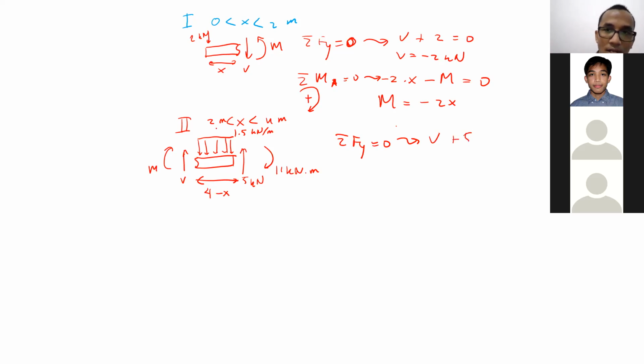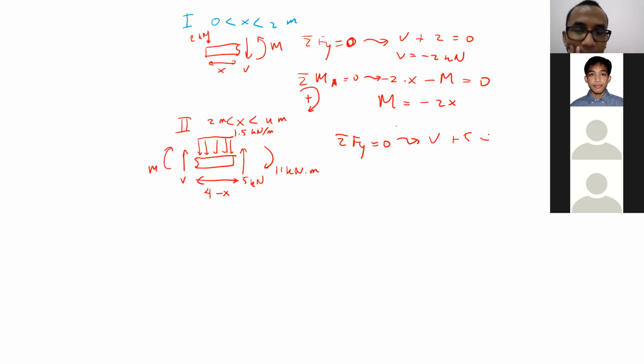We have this one, the distributed force, remember. 3 kilonewton. So you have to minus it with the distributed force, right? The distributed force is what?